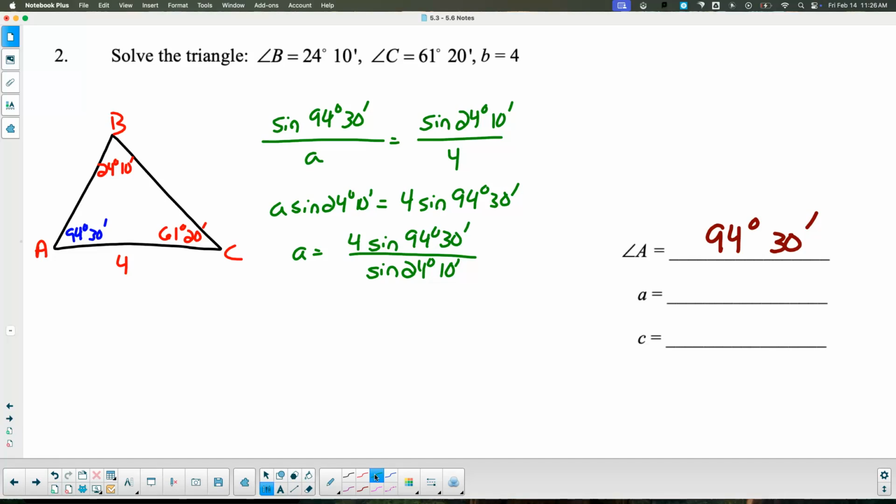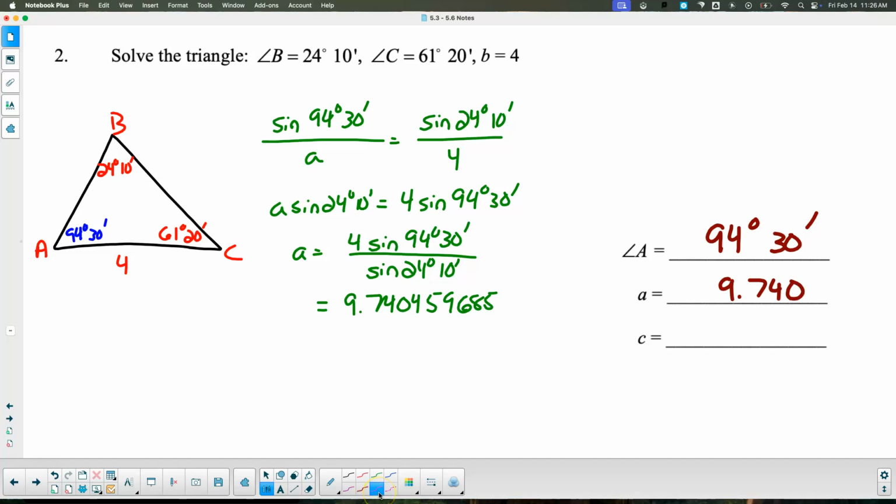I get here that side A is 9.740459685, so that would be 9.740.